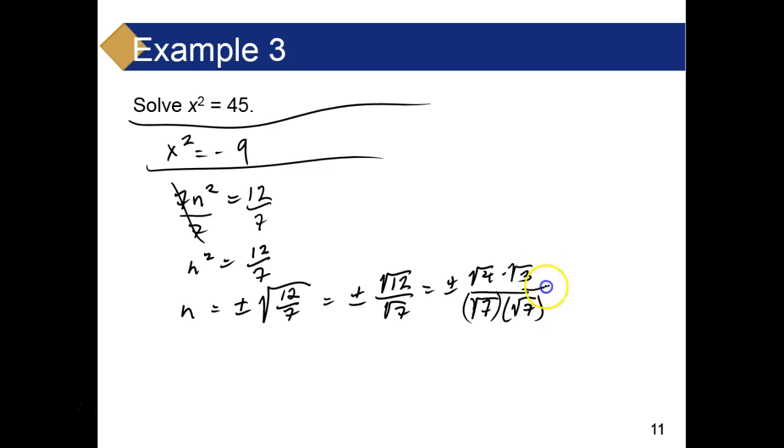Now, it looks like we just made it work. If you do that to the denominator, what have you got to do? Same thing to the numerator. It looks like we've made it worse, right? Except for this. You got your plus or minus. What's square root of 4? 2. And you can go back and put these back together. The square root of 21, right? But what's that denominator now?